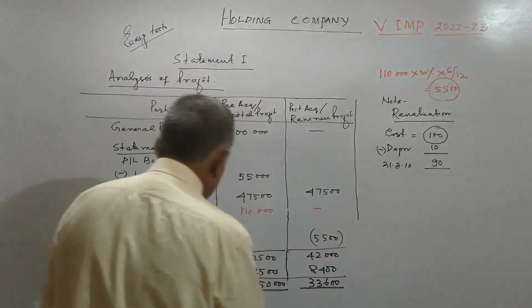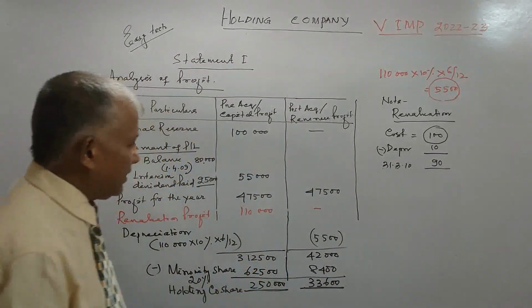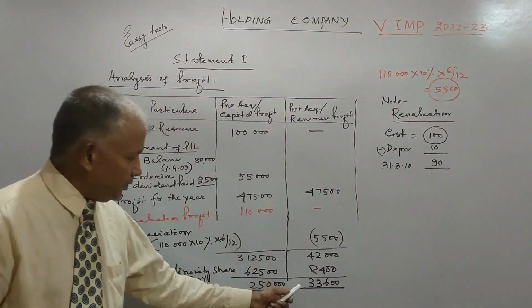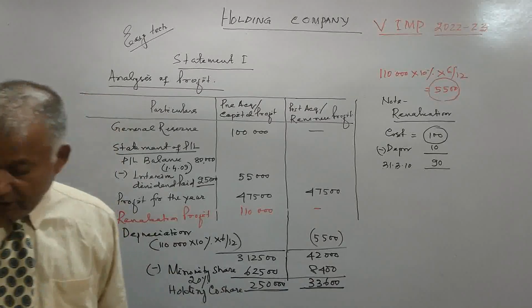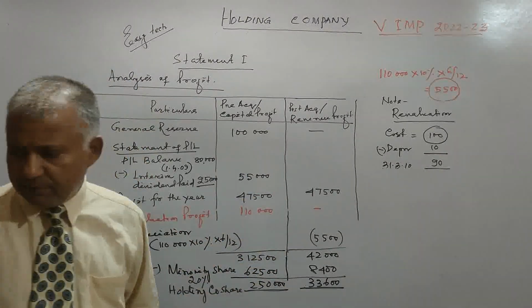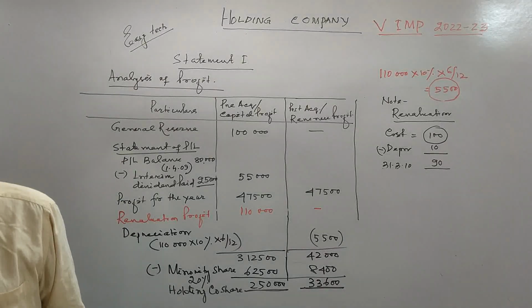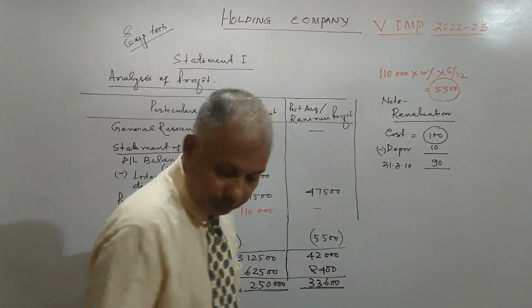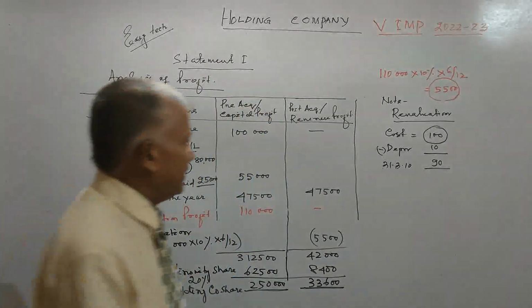So here holding company share is 2,50,000 and holding company share in revenue profit or post-acquisition profit is 33,600. Okay, that is 80%.